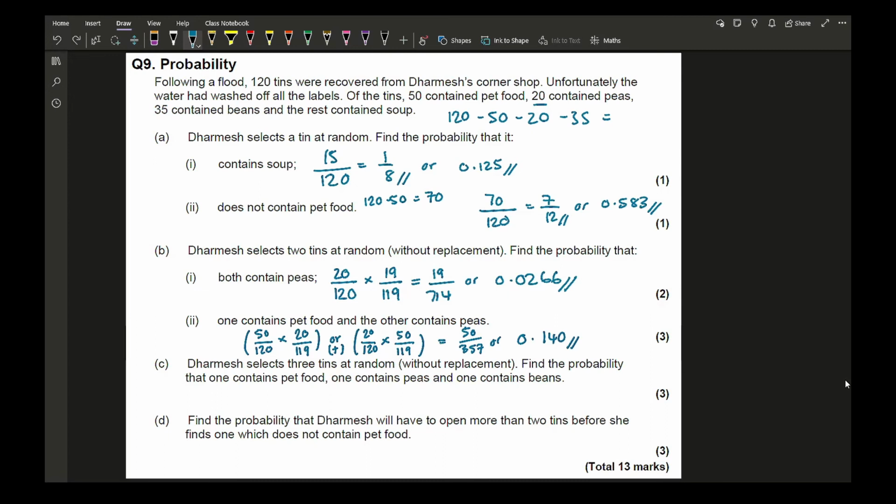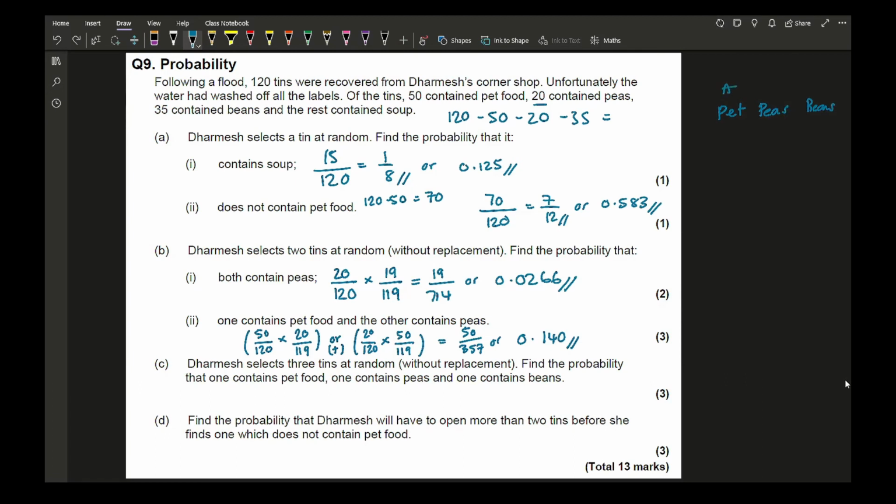Now for C, it then says Darmish selects 3 tins at random without replacement. Find the probability that one contains pet food, one contains peas, one contains beans. Now, in terms of this, what we want to look at is recognizing that the probabilities are going to be the same. So for here, you could have pet food, peas, and beans.